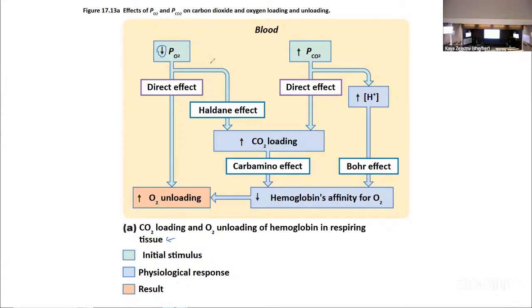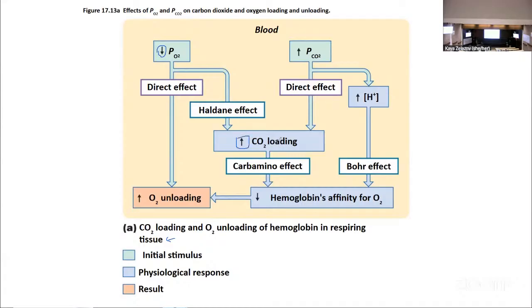We also have these cooperative effects happening at the same time, though. One thing that's happening here is the Haldane effect. When we have that lowered partial pressure of oxygen, we have a little higher ability to carry carbon dioxide around in our red blood cells as well. That's the Haldane effect, and this is why you see that increase in carbon dioxide loading.